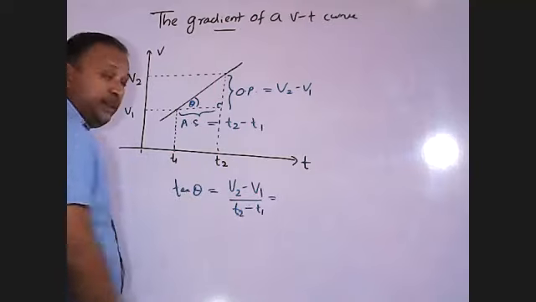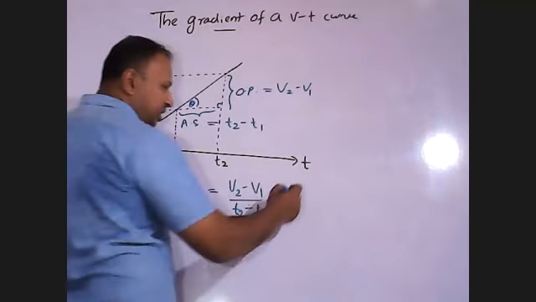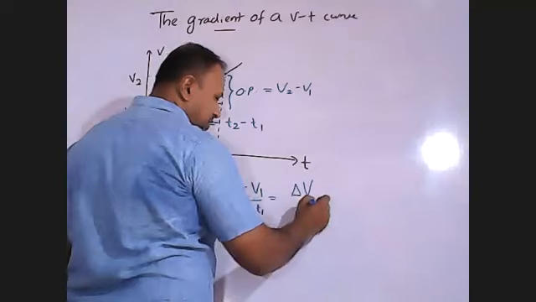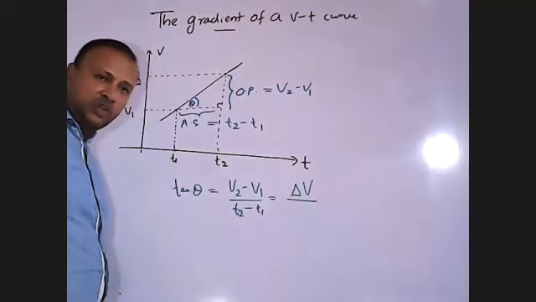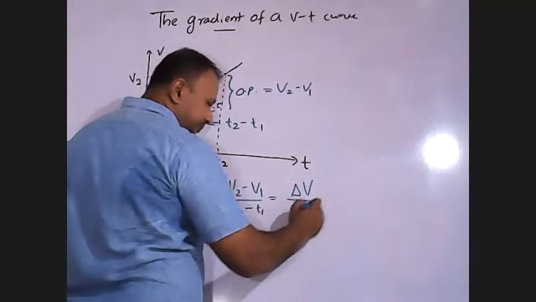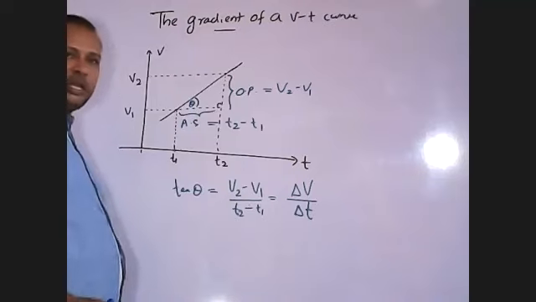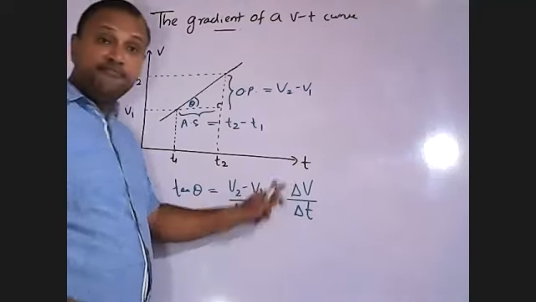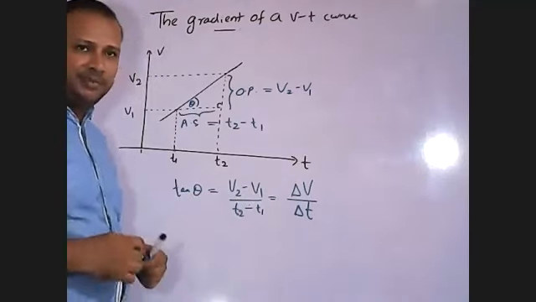I can write this as change in velocity over change in time, the change in velocity per unit time. No?